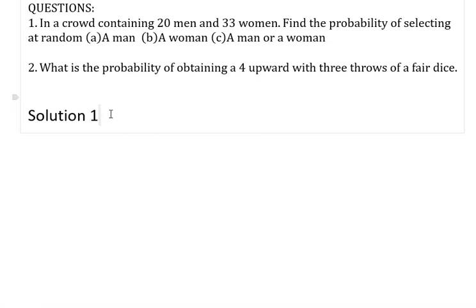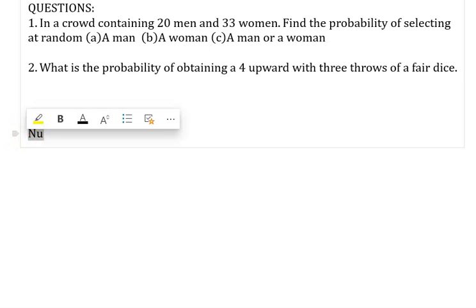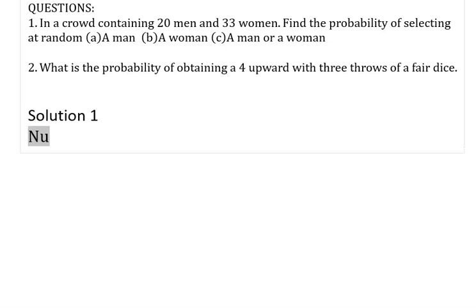In a crowd containing 20 men, so we'll come here and say number of men. We need to bring out our parameters. It's very key. Number of men is 20. Then we have 33 women.